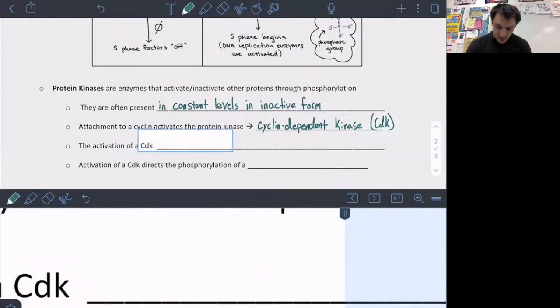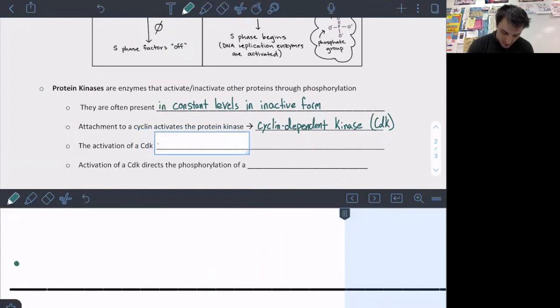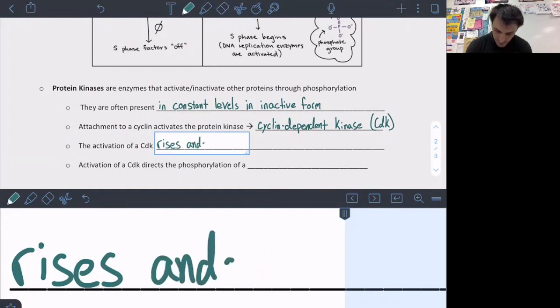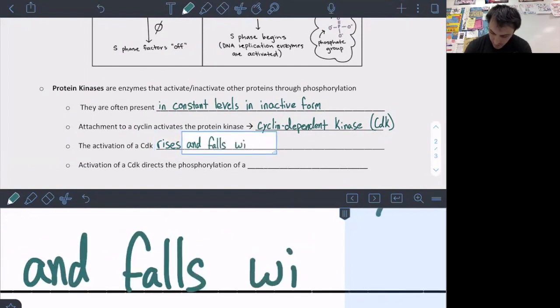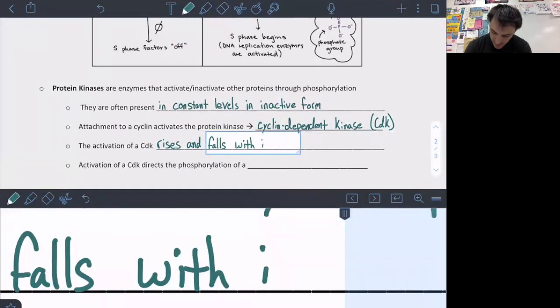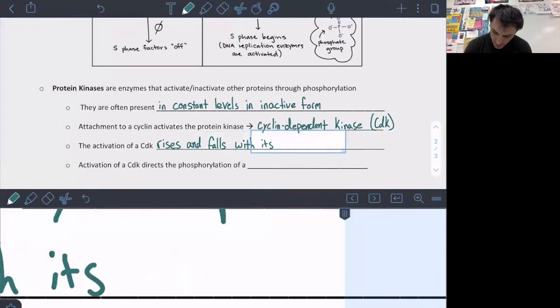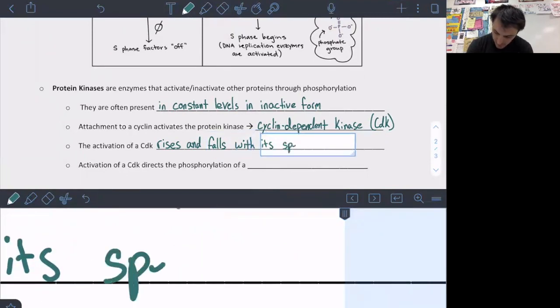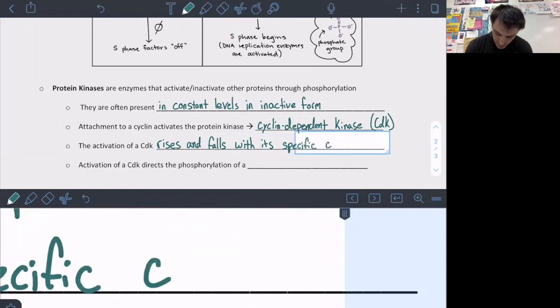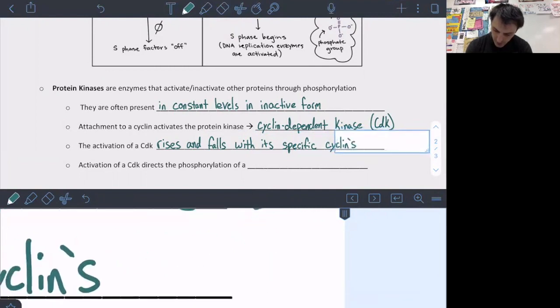So the activation of a CDK rises and falls with its specific cyclin's concentration.